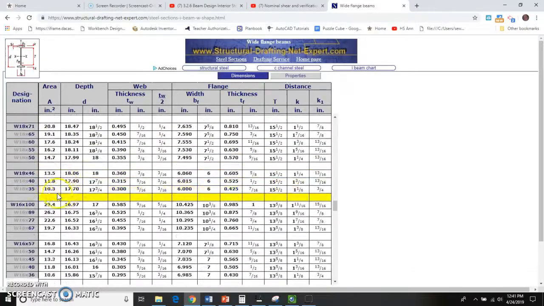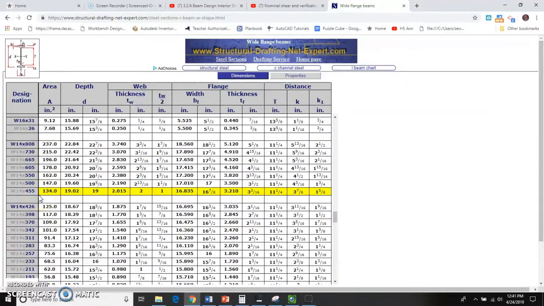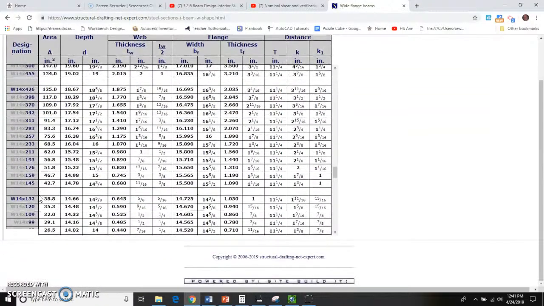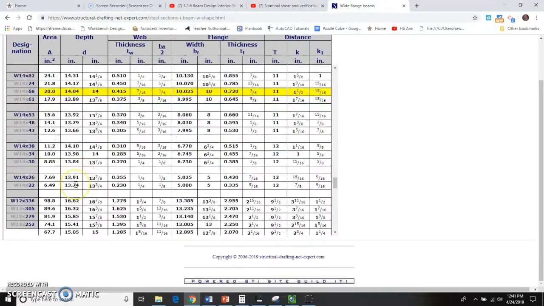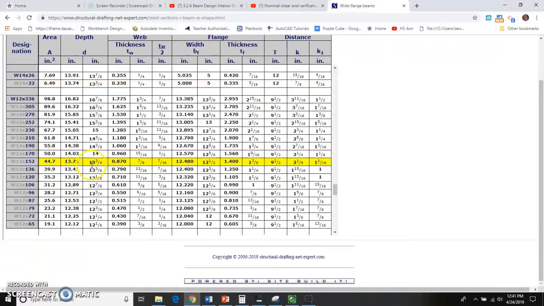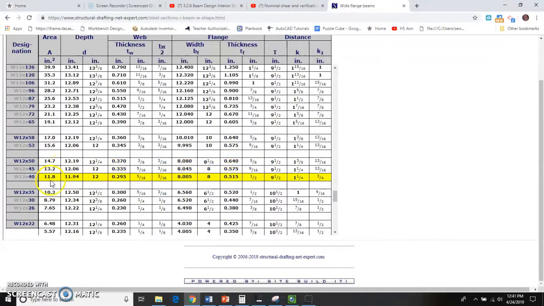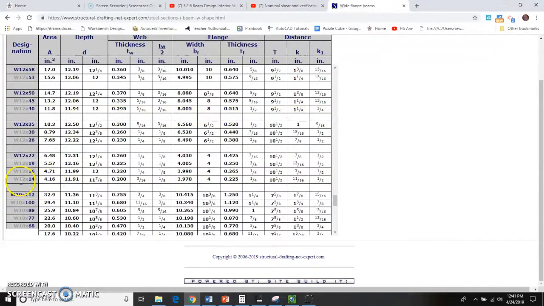W12 by 14. Come on. W12. All right, there we are. Now we're in the W12s. W12 by 14. So here is the beam that I'm looking at.